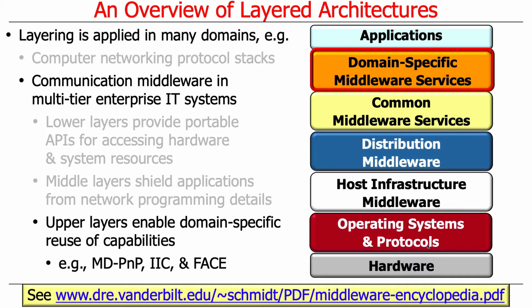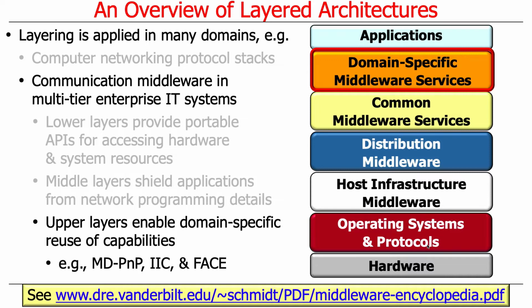And then at the top of this stack are the so-called domain-specific middleware services. They basically encapsulate large chunks of domains with other components and services and microservices and APIs to allow people to really abstract away from the details of writing certain kinds of apps.